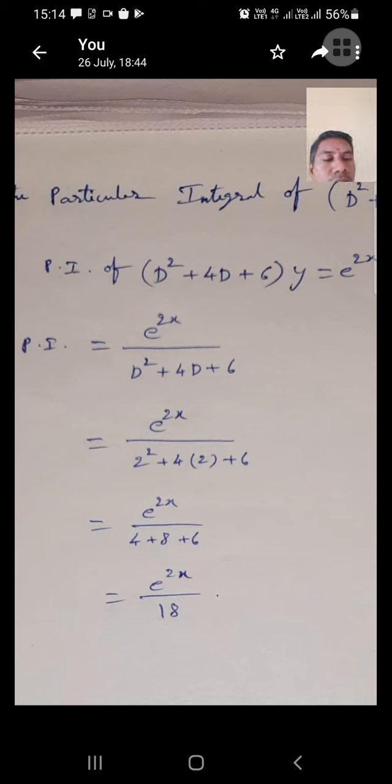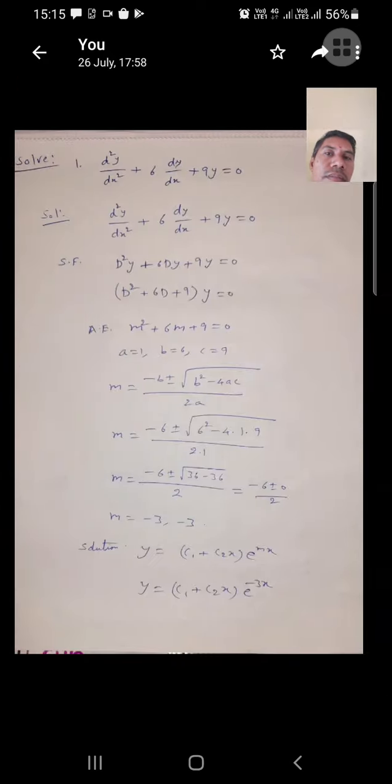So for e power ax we substitute a in place of D, but whenever sin ax or cos ax is there, we have to substitute minus a square in place of D square, not D. So please remember.